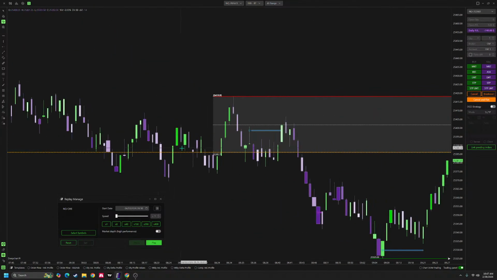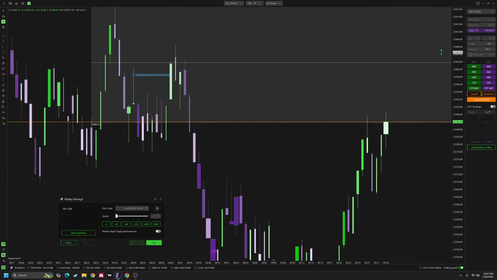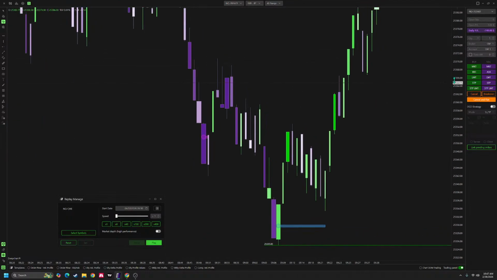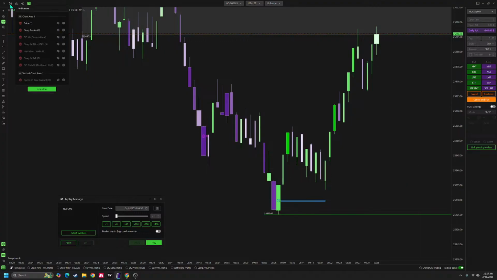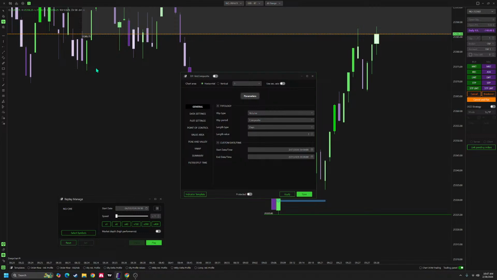All right, so let's continue to add our indicators. Next indicator is composite profile. This is based off composite volume.